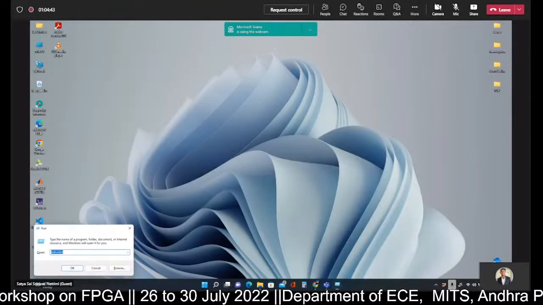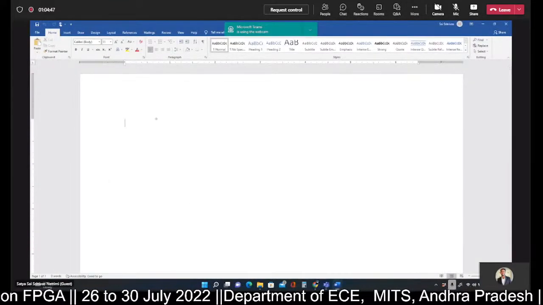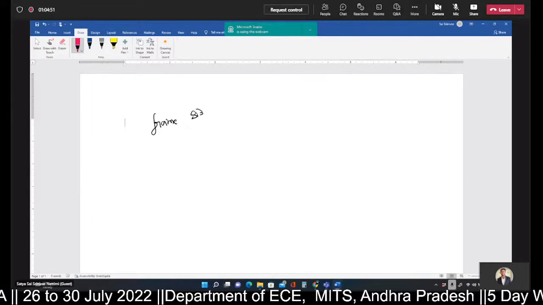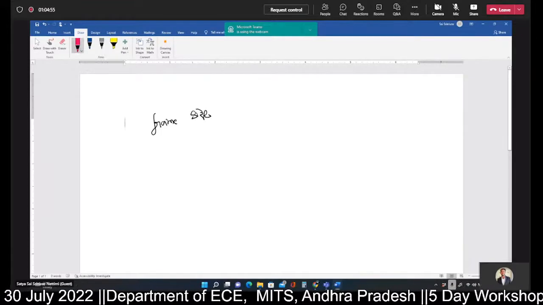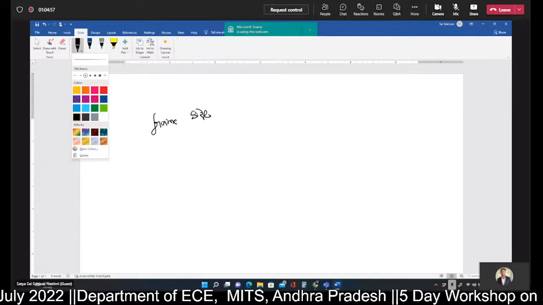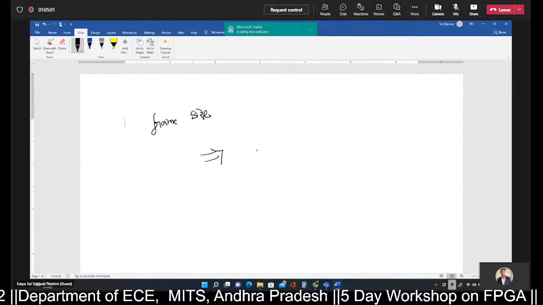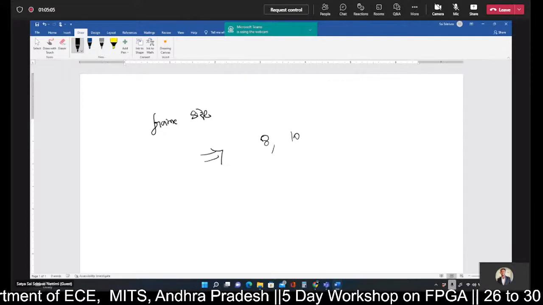The next thing I want to explain is the frame size that you need to take. Typically, since we are talking about speech signal processing, the frame size generally varies from 8 to 1024.